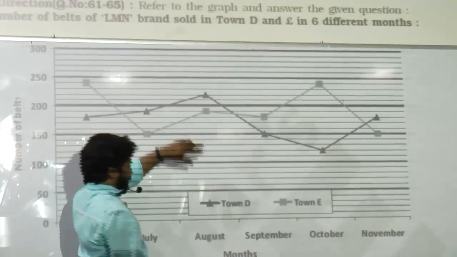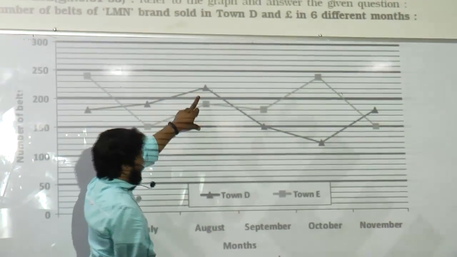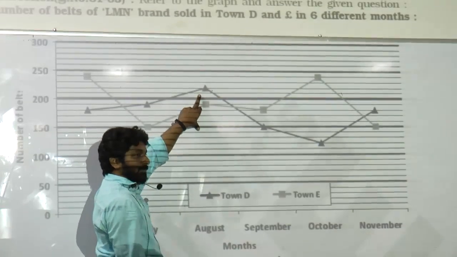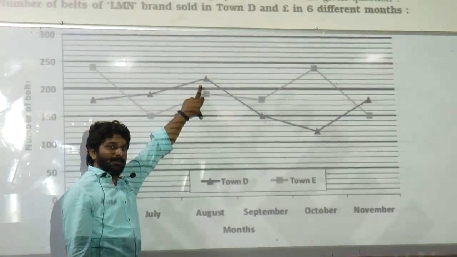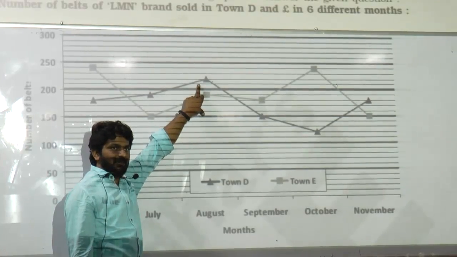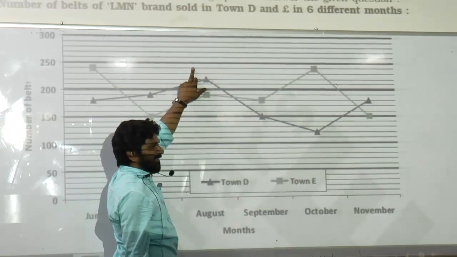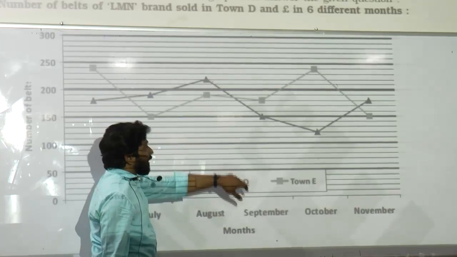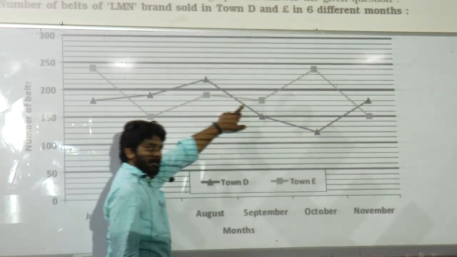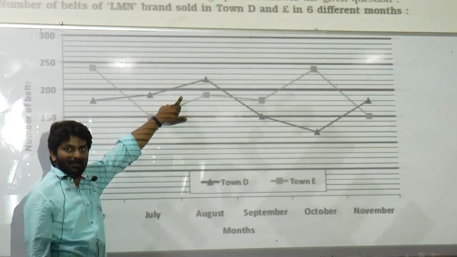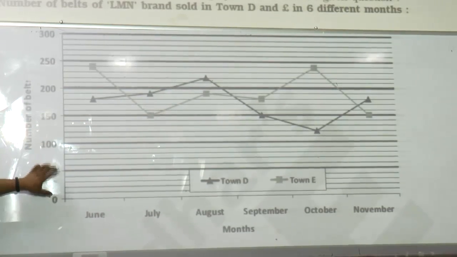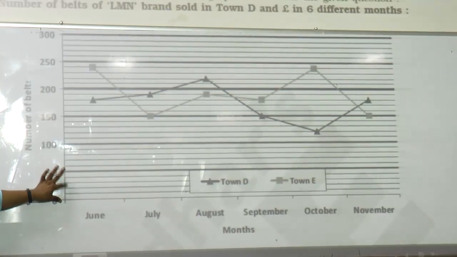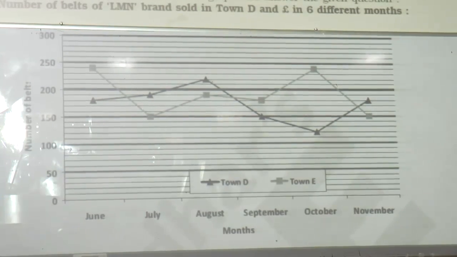Look at here. In August, with respect to town D, in which month we have more number, big number? August. Yes or no? And for town E, August is more. Yes or no? And now look at here. This is total 50. And how many segregations we have? So each line is right.